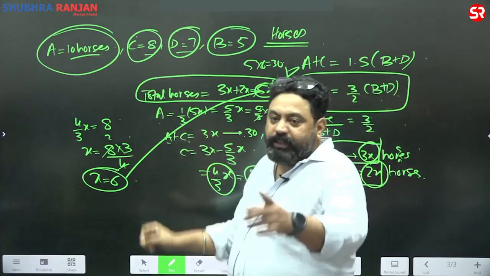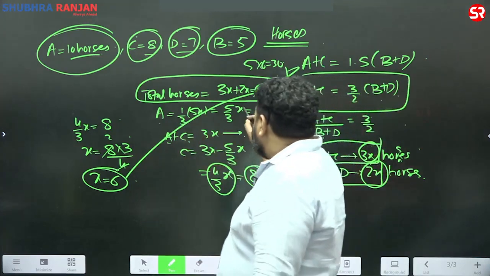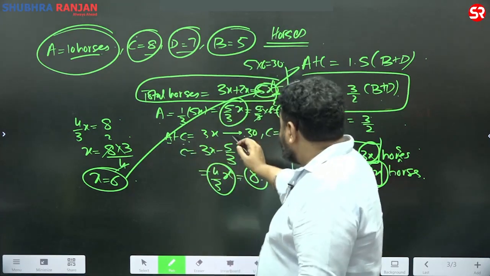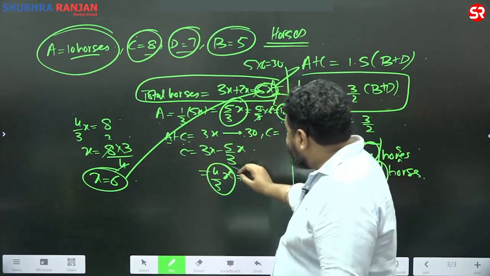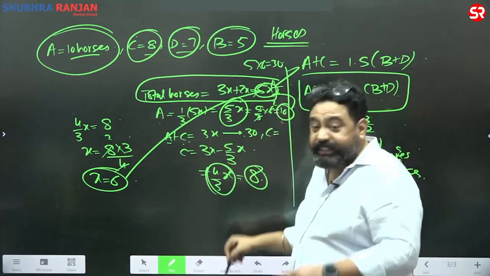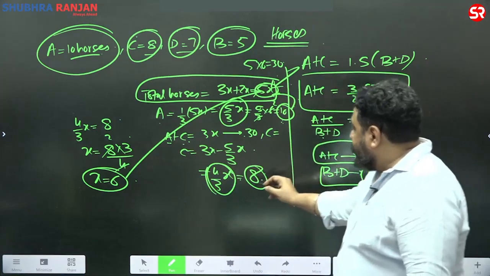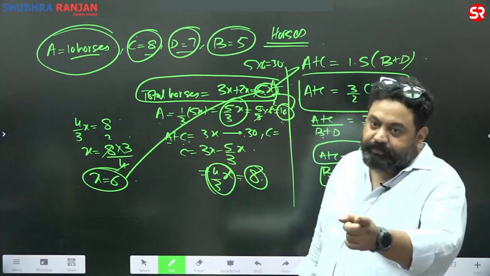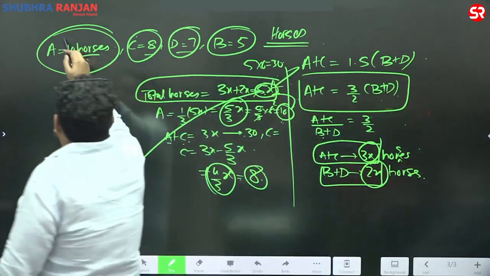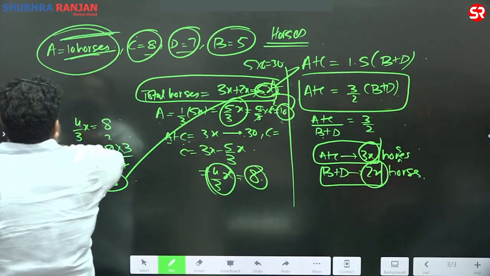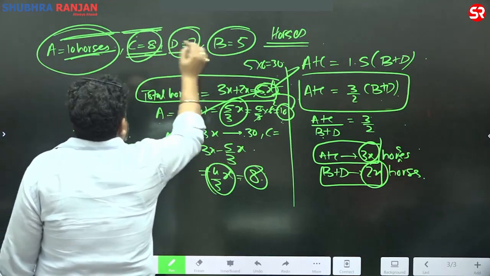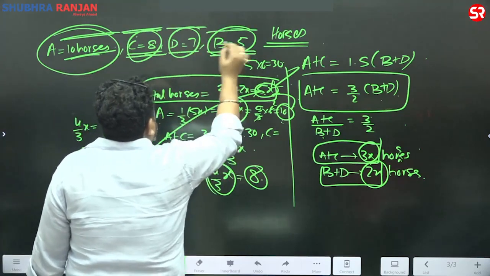A got 1/3 of the total horses, which means 5/3x, and A plus C was 3x, so C को कितना मिला 3x minus 5/3x which is equal to 4/3x which was given as 8, so 8 दिया हुआ था, उससे x का वैल्यू आ गया 6, so total number of horses हैं 30, उसमें से 10 हॉर्सेस हैं A के पास 1/3 of 30, C के पास 8 हॉर्सेस है, D के पास 7 हॉर्सेस है, तो B के पास कितने रह जाएंगे 5 हॉर्सेस.